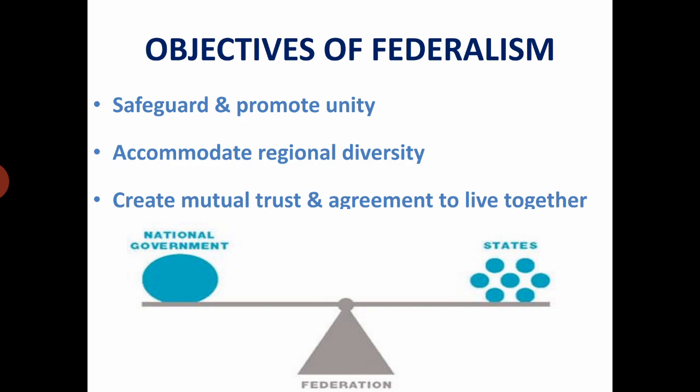And this diversity gets representation as all units are given equal representation at national level. For example, in India, Rajya Sabha represents various states. In a federal system, levels of government agree on rules of power sharing, thereby creating mutual trust and hence they agree to live together.